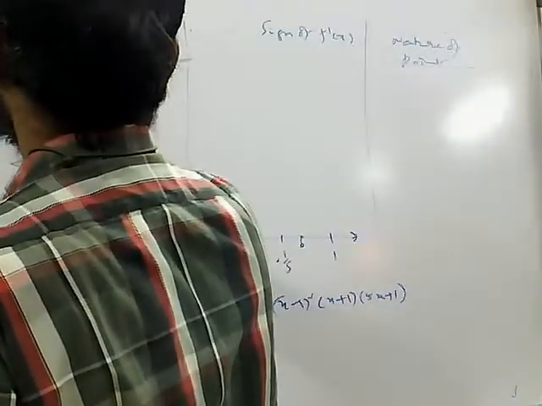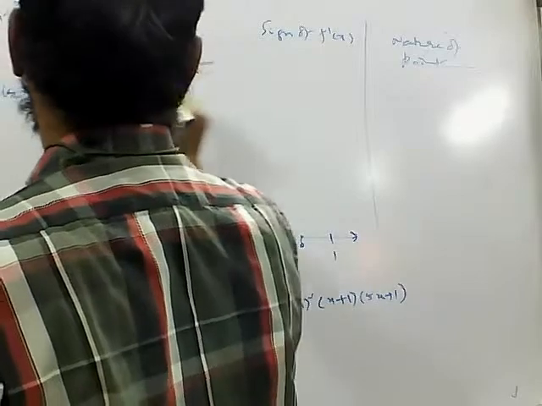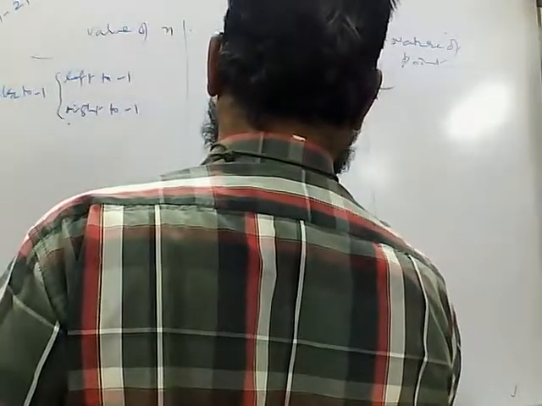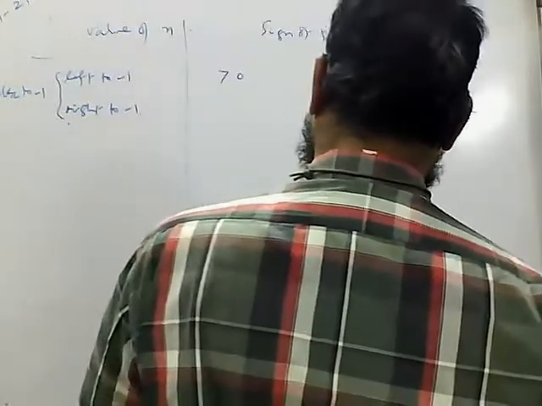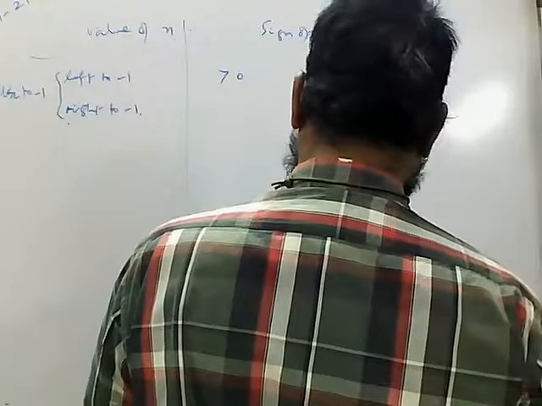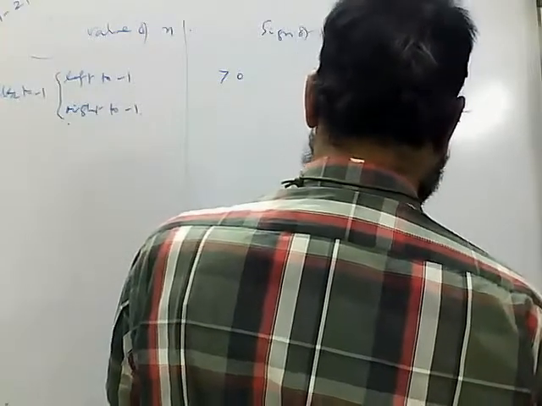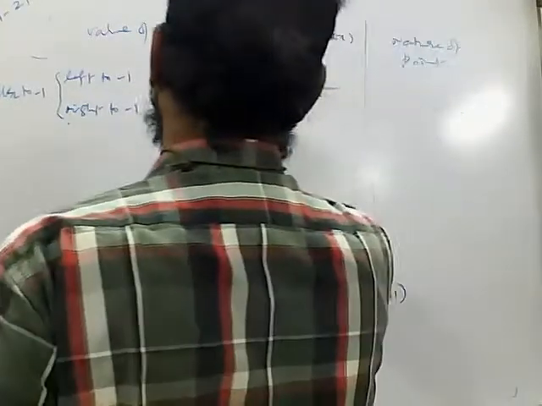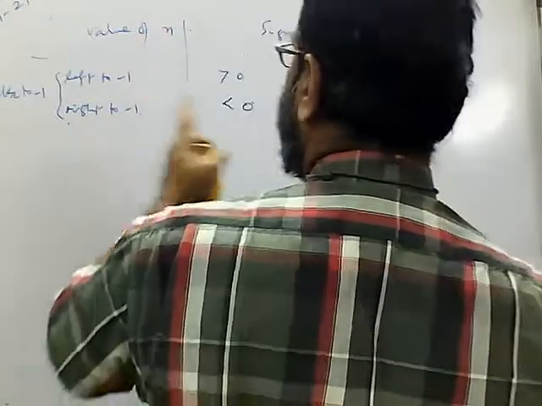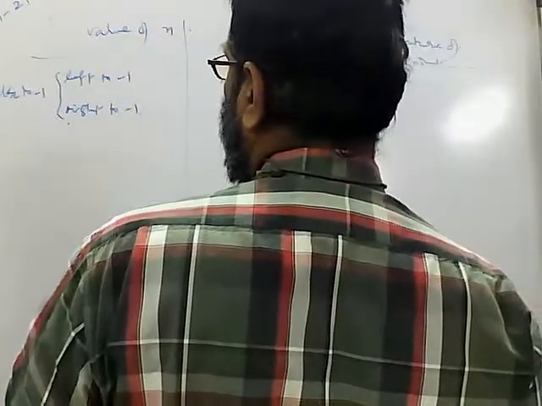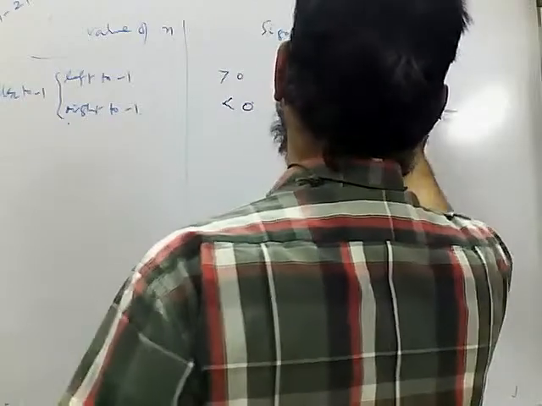Close to minus 1, greater than 0. Right of minus 1, you take minus 1 by 2. Minus 3 by 2 whole square is positive, one factor positive, one negative, so less than 0. So left is greater than 0, right is less than 0, so it is a local maxima.